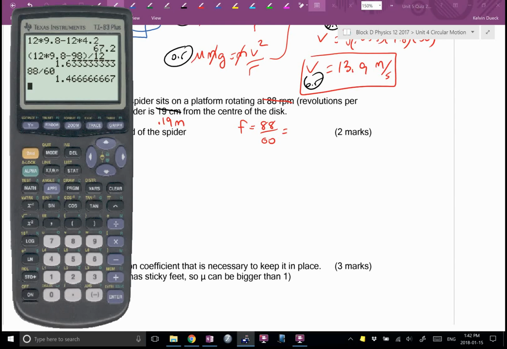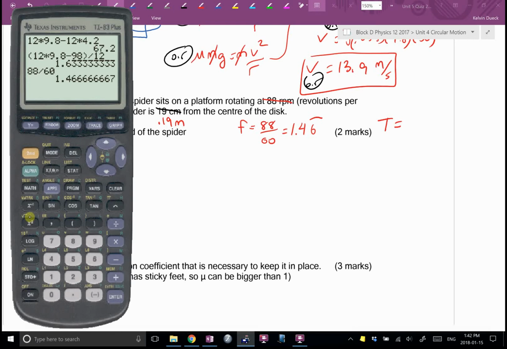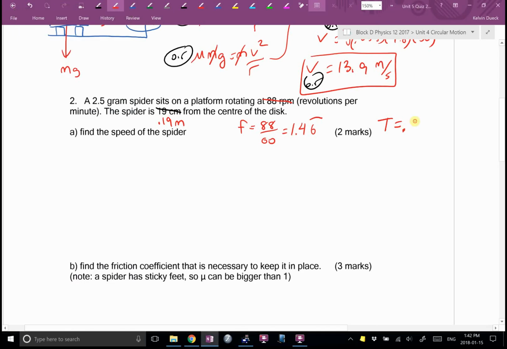And then I'm going to get the period. I wrote 1.46 repeating, and what I really want is the period, which is the reciprocal of this: 0.6818 repeating, and the 18 part repeats. I'm going to store that on my calculator. Now, what's the final speed of the spider? Speed equals 2 pi r over the period.